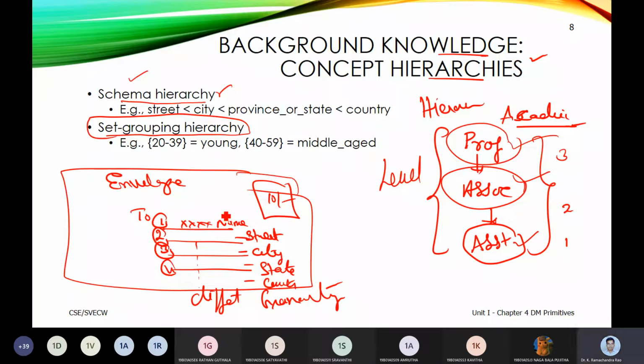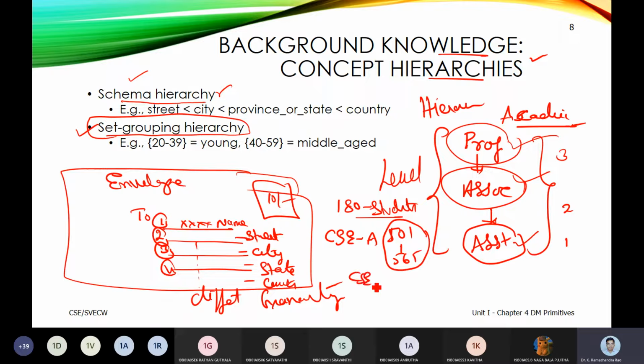The next type of background knowledge we need to understand is the set grouping hierarchy. Let us say I have 180 students and I was assigned to do set grouping. In this set grouping, for CSCA students, roll numbers 501 to 565, I am putting these into one group.